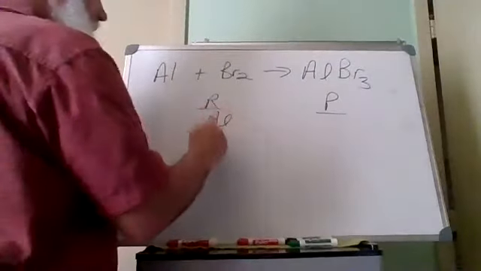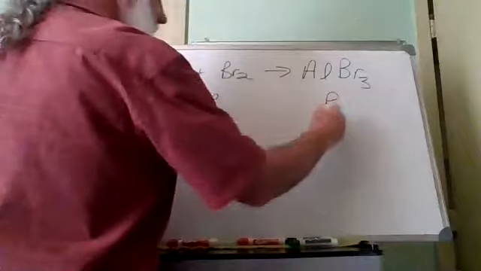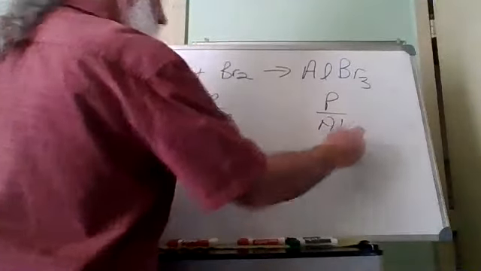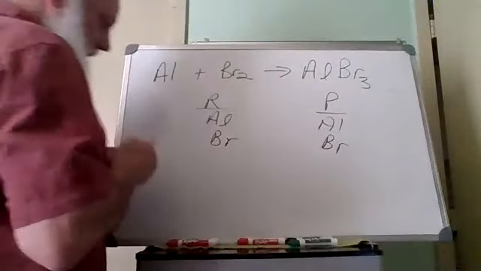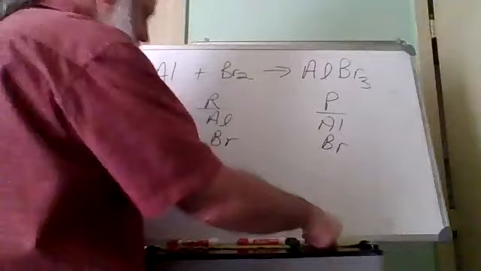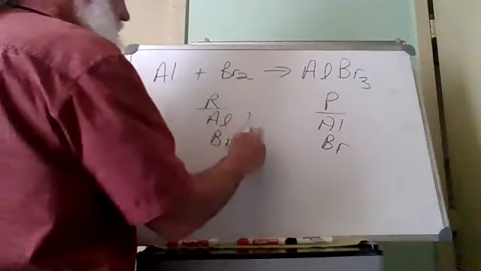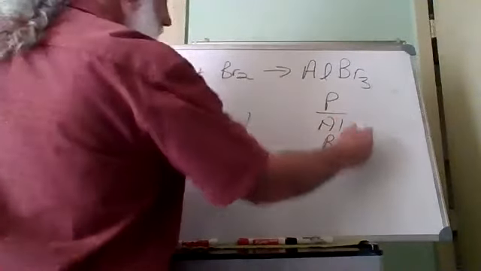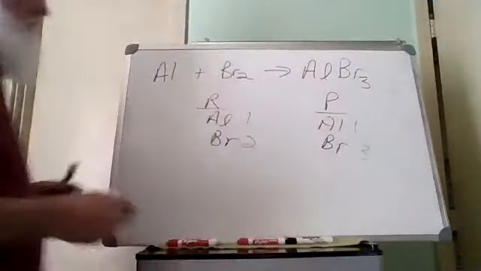So Al and Br, copy them over in the same order on both sides. Here I have 1 aluminum and 2 bromines. Here I have 1 aluminum and 3 bromines.